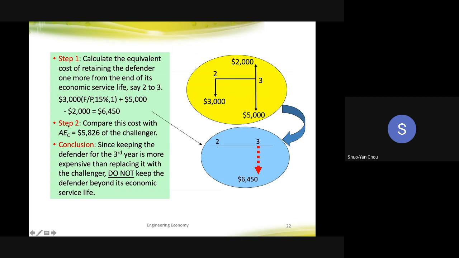But the new one will go through its economic service life, so its annual equivalent cost will be this value. If the next year beyond the economic service life of the Defender is already worse than the Challenger, we will replace it.